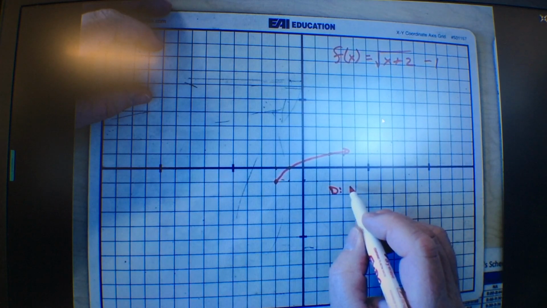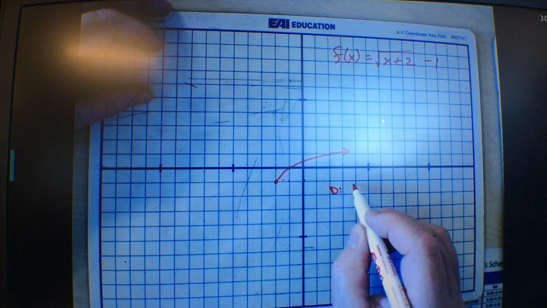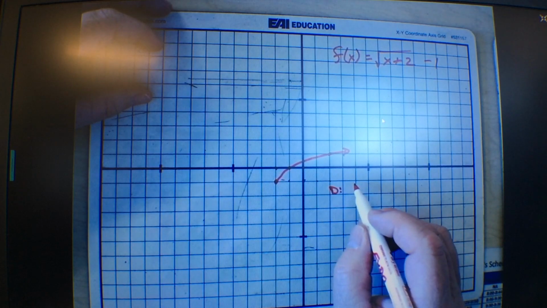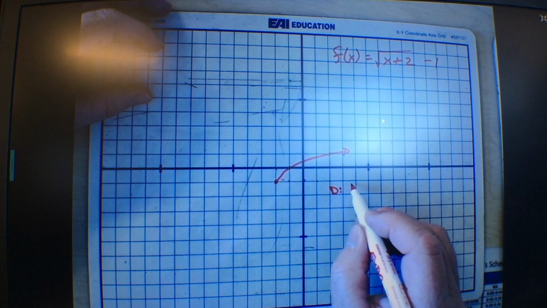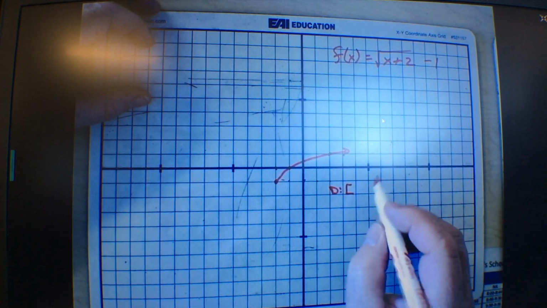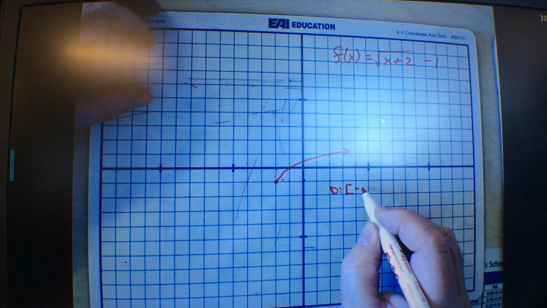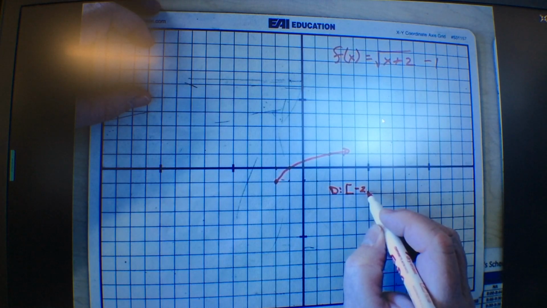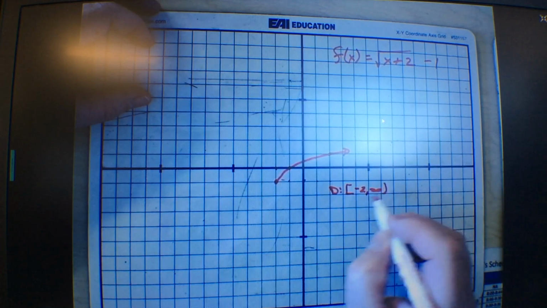Okay, so x, is it a bracket or parentheses? Well, I want you to put it in interval notation. Okay, bracket, negative 2, infinity, parentheses.